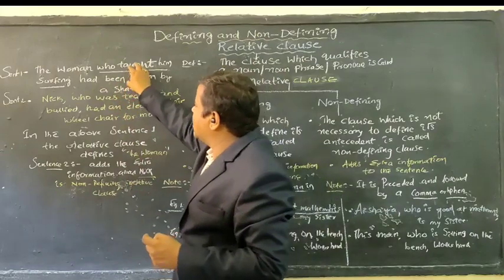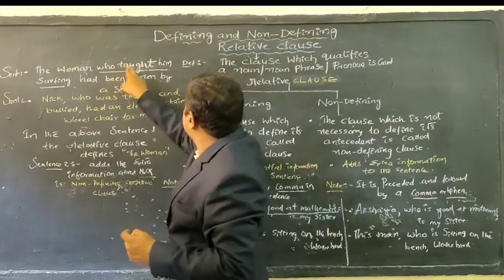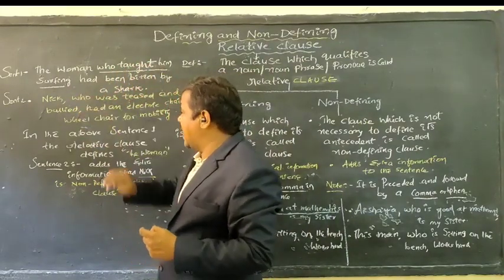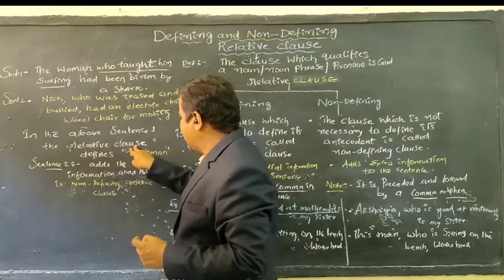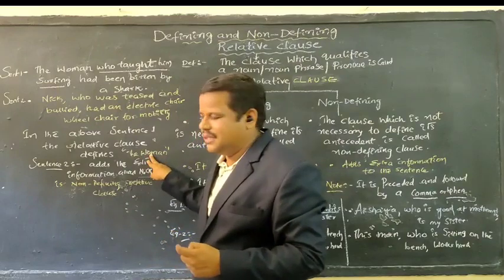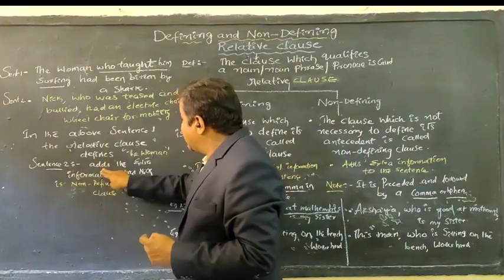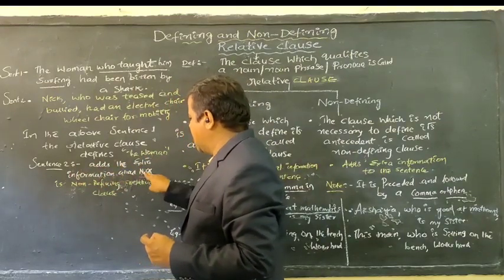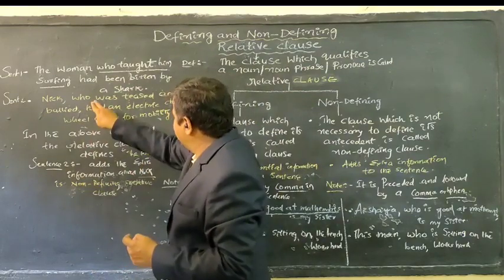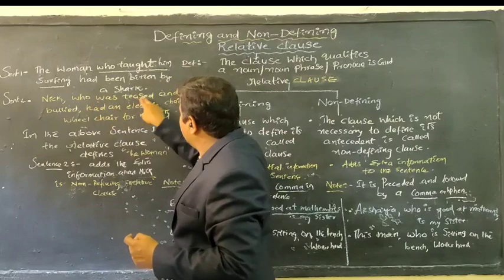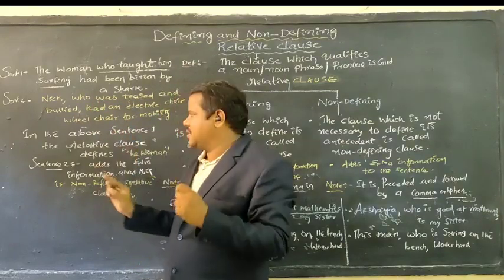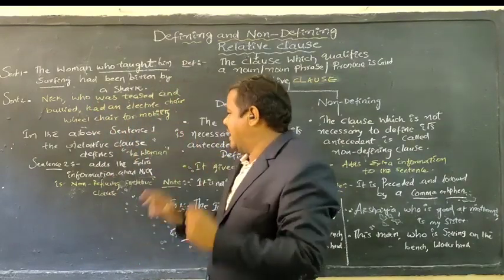Two sentences, if you see clearly. The first sentence is not followed with a comma. Who taught him surfing is a clause. In the above sentence 1, the relative clause defines the woman. In sentence 2, it adds extra information about Nick. What is the information being added? It is added with 'was teased and bullied'. This particular clause shows that he was teased and bullied.